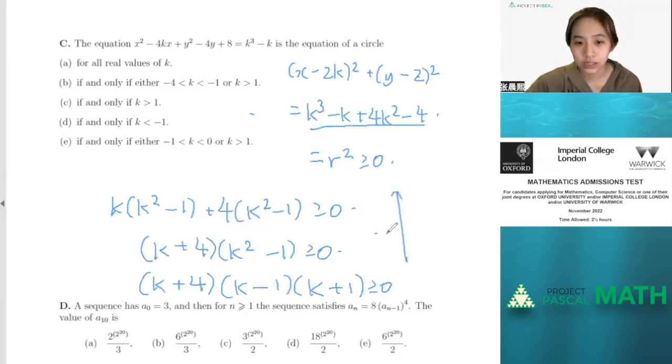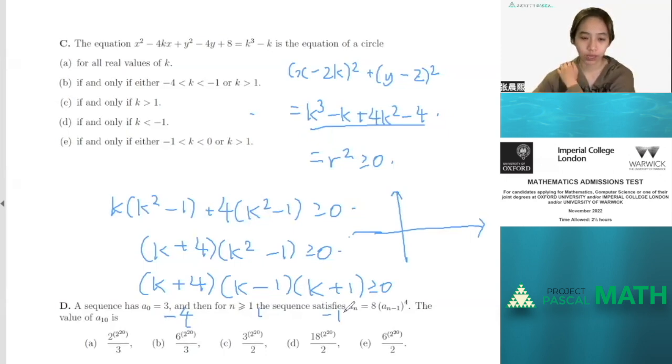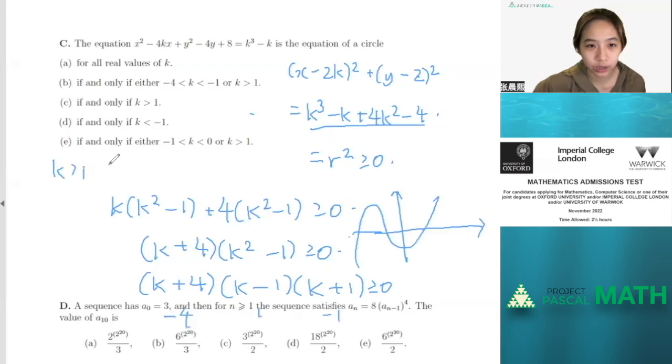When k is less than negative 4, like negative 6, then it's negative. So when is it greater than or equal to 0? It's when k is greater than 1, or negative 4 less than k less than negative 1. And so the answer is B.